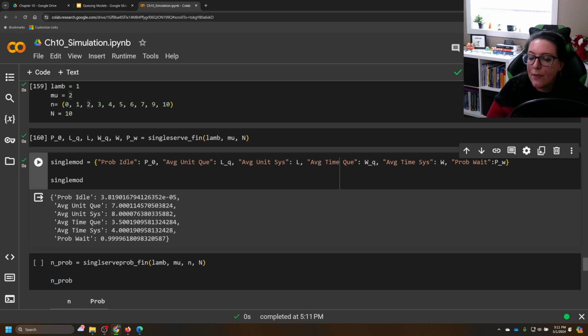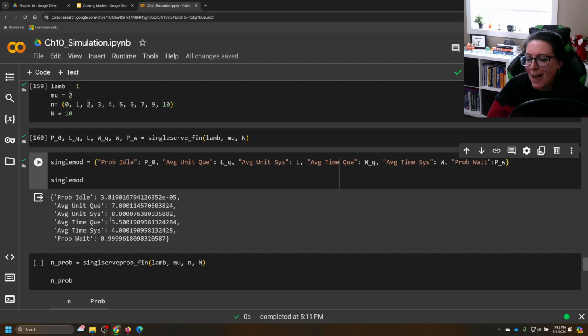So the probability that it's idle is super small. Notice that it's times 10 to the negative 0.05, which means that there's a bunch of zeros before that 3. The average units in the queue is going to be 7. The average units in the system is 8. And so because we have a lot of municipalities in the queue, we're not idle ever.